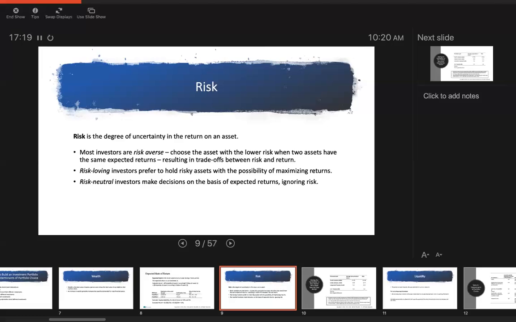The point I'm trying to get to is that if I show you two assets where both will earn the same expected return, 10% on asset one, 10% on asset two, the story doesn't end there where you're like, okay, I go with asset one or asset two, it doesn't matter, I'm indifferent. But that's not what we find when people are shown these two choices. If one asset is riskier than the other, people tend to choose the asset with the lower risk level. So there is a risk preference also built into it, and most investors tend to be risk averse. Okay.